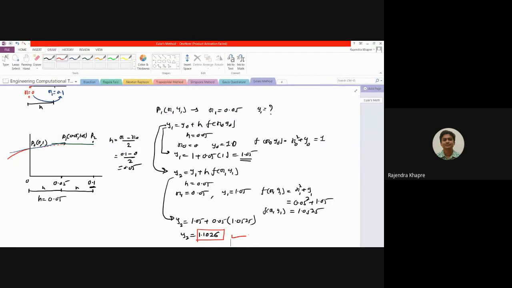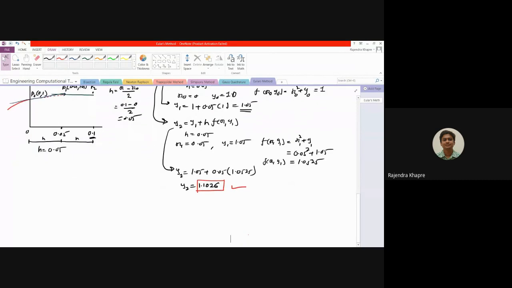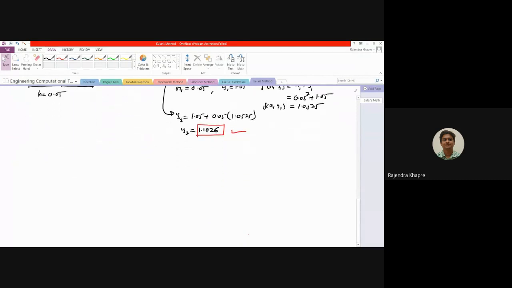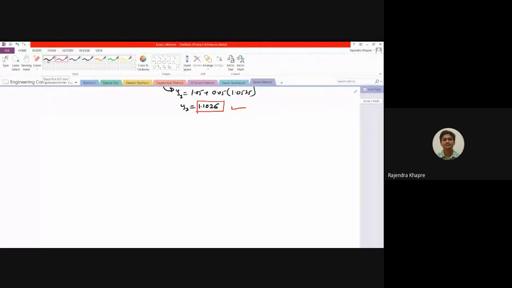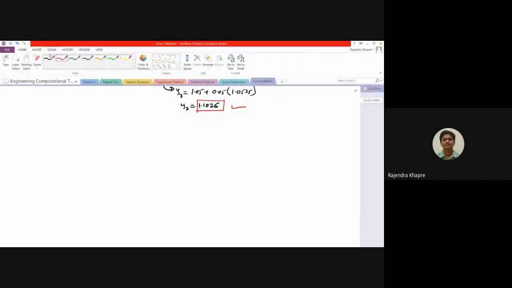So just to reduce the error, you can go for a different number of intervals other than this one. Let us say we go for four intervals.